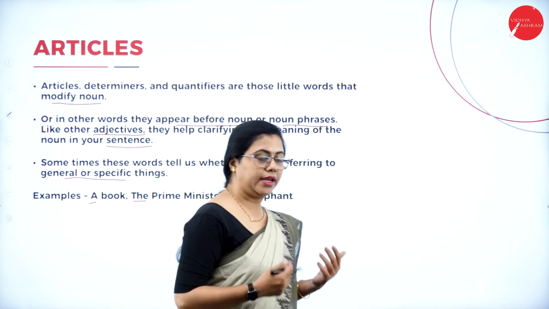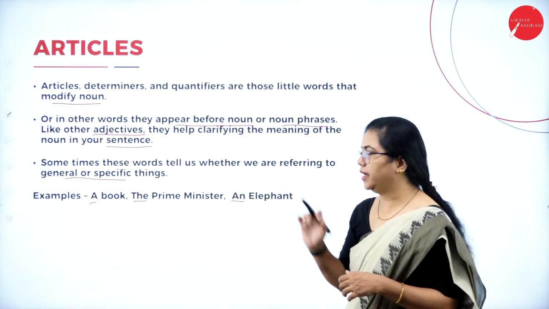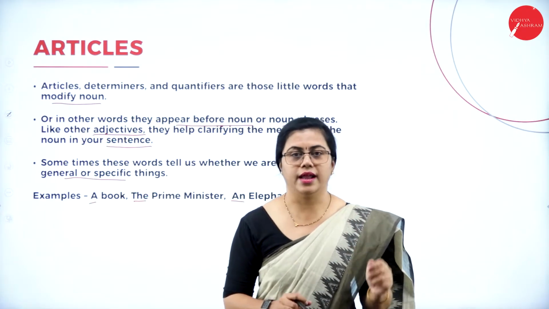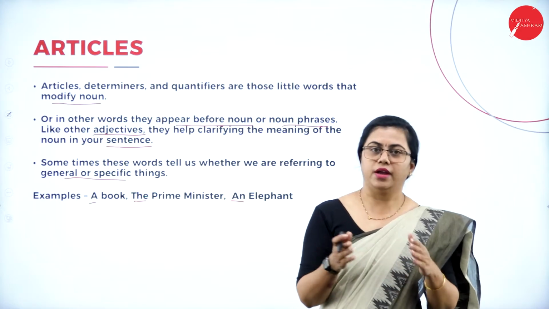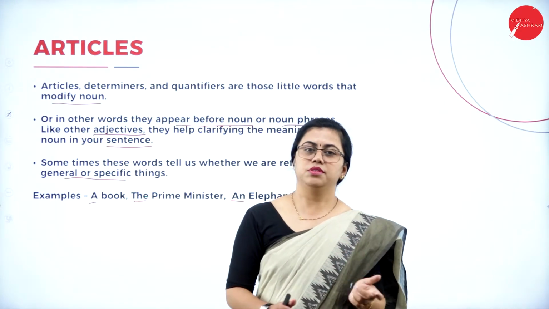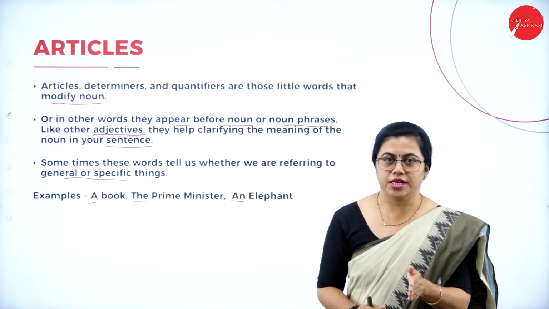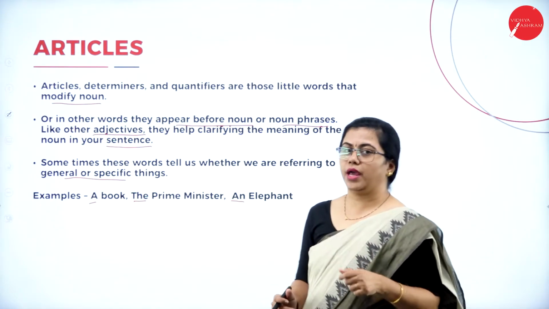There can be a few adjectives also. Suppose you are using a combination of an adjective and a determiner, then the determiner comes first, then the adjective. I mean to say, just before the noun you have to use an adjective, and before the adjective you have to use the determiner. Let me give you an example.